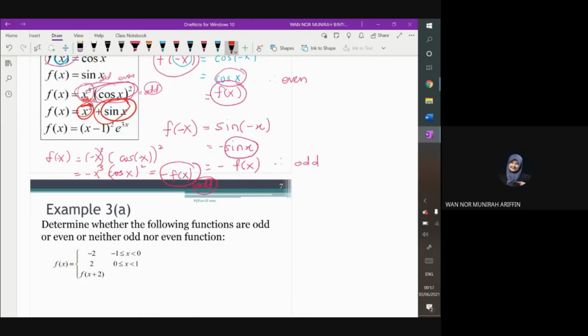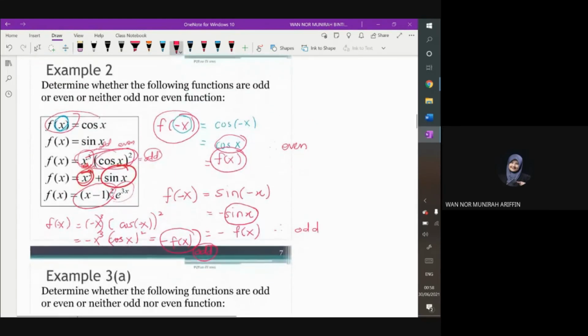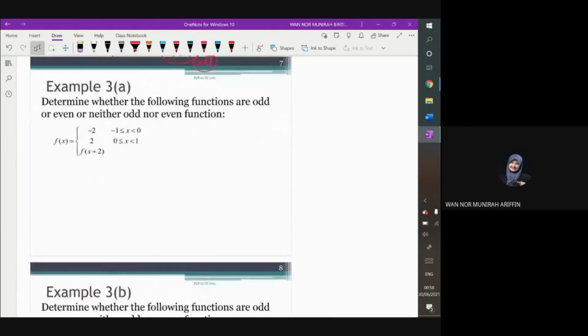Next, for this question, you need to try to expand the function first, and then multiply it with the exponent. Check whether you have odd, even, or neither odd nor even function. So that is the first way on how you can determine whether you have odd, even, or neither odd nor even function, just by substituting f(x) with f(negative x).